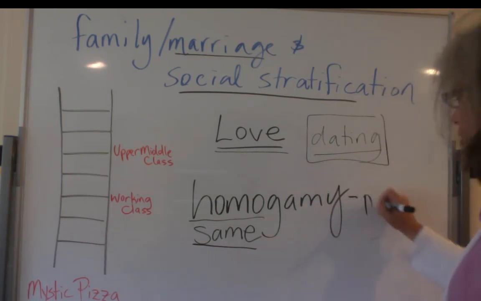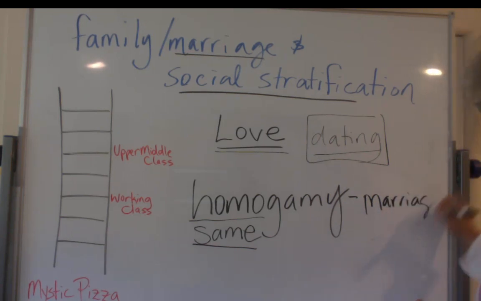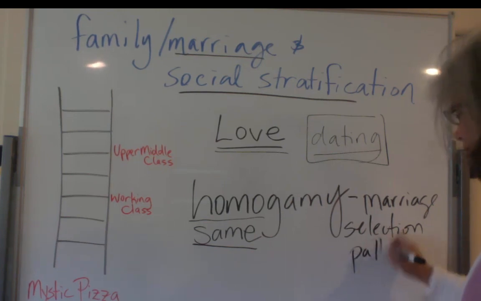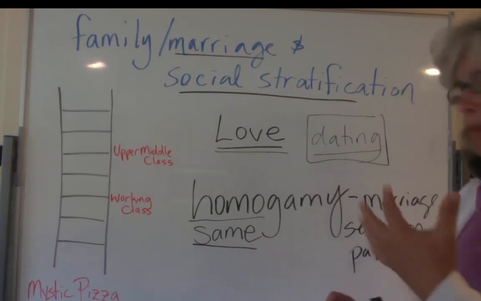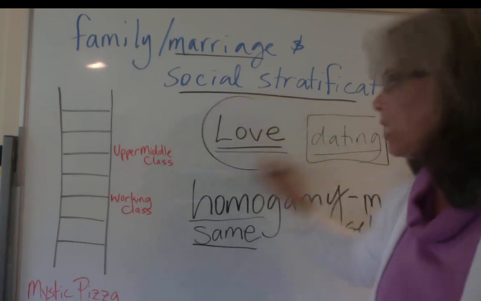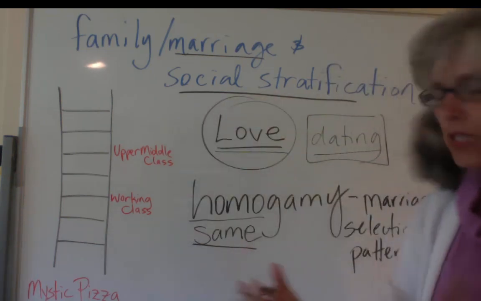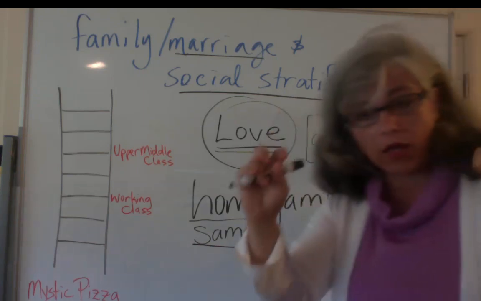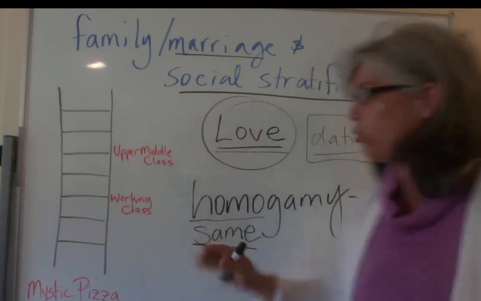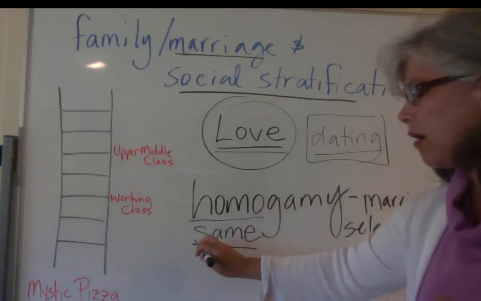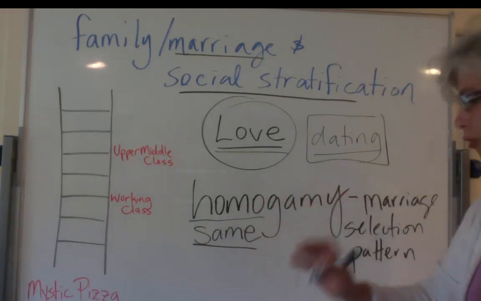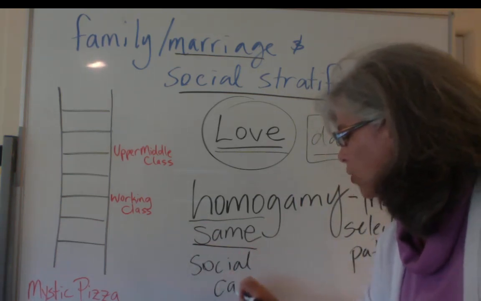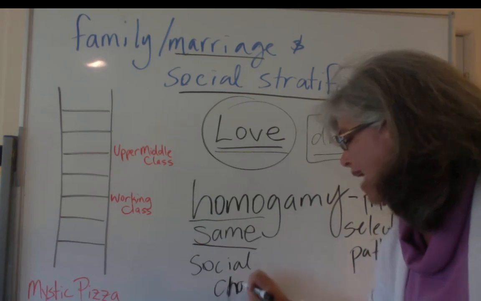So this is a marriage selection pattern in which people like us in the United States, who think we need this as a prerequisite to a successful marriage, tend to shop, see my air quotes here, shop for a marriage partner within a group of people, a category of people who have the same social characteristics as ourselves.